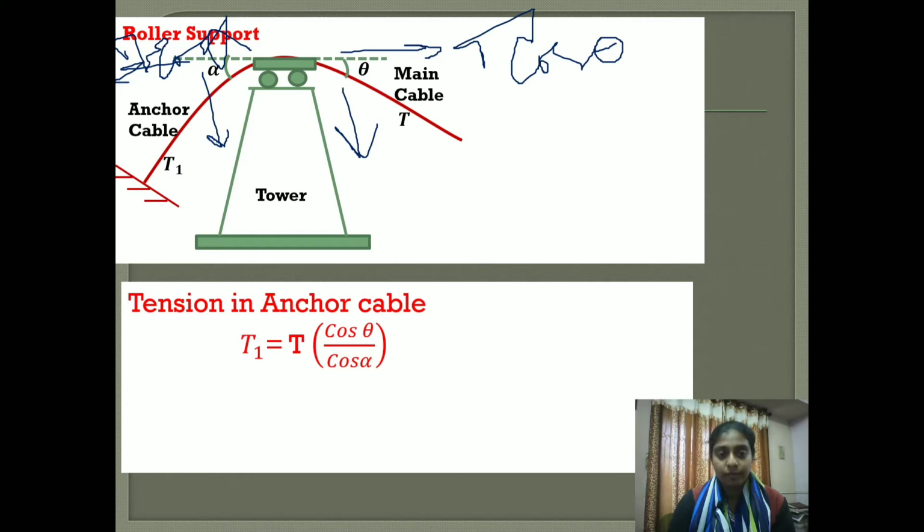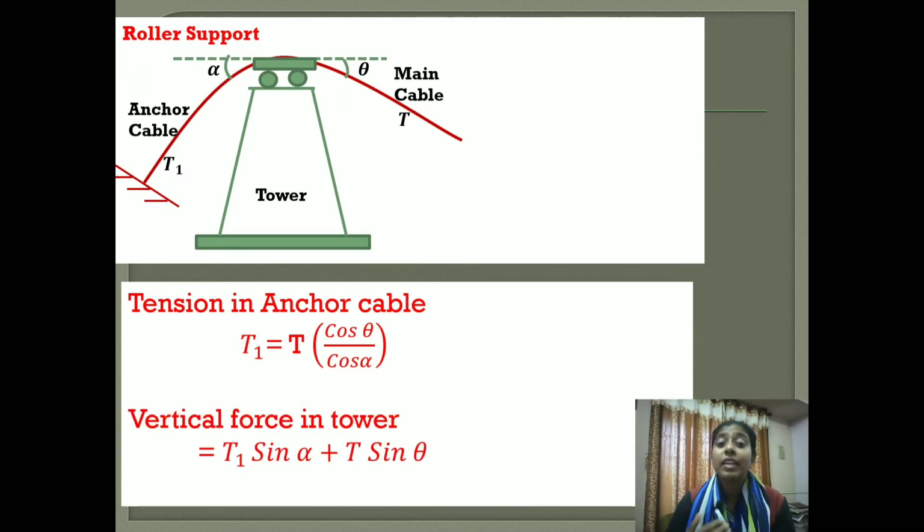Now, what will be the vertical force on the tower? The horizontal component is what we have found. Now the vertical force on the tower: we are resolving T and T1 horizontally and vertically, equating the vertical forces.